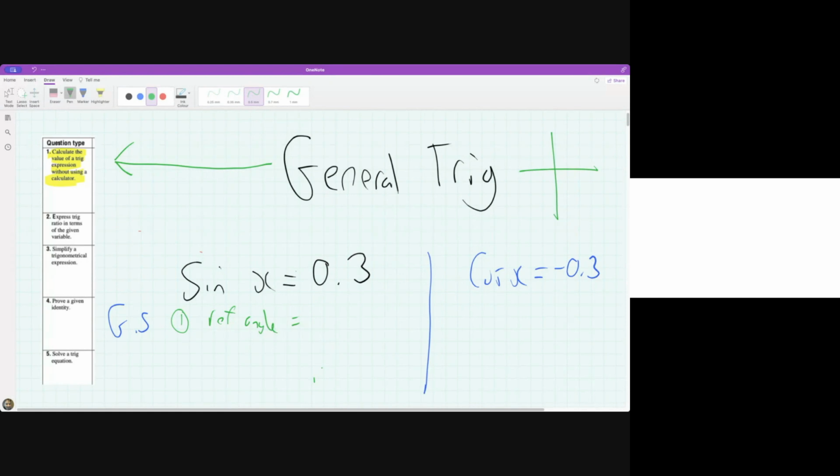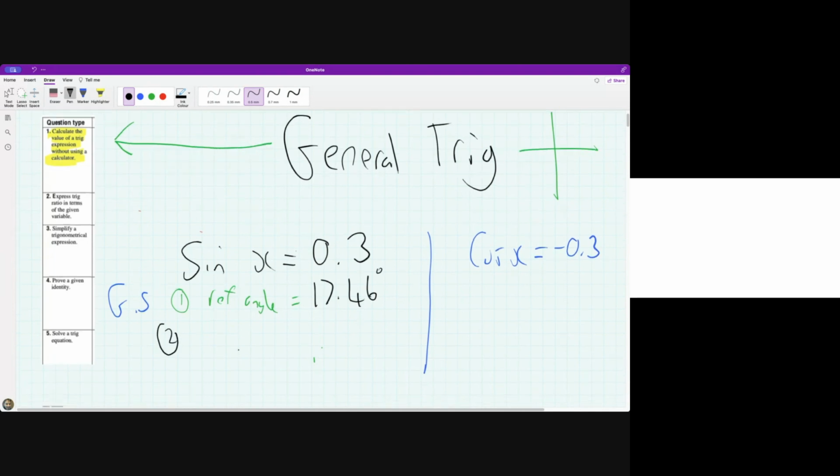Okay, so our reference angle is 17.46 degrees. The second step in our process, if you go back to the videos, is to ask ourselves, in what quadrant is sine positive? And it's positive in this quadrant and that quadrant. And in this quadrant, the answer would just be the actual reference angle.